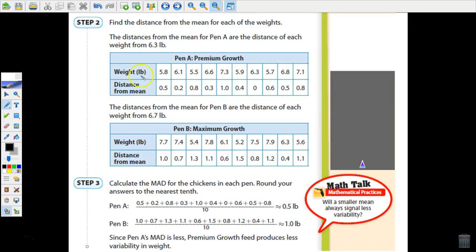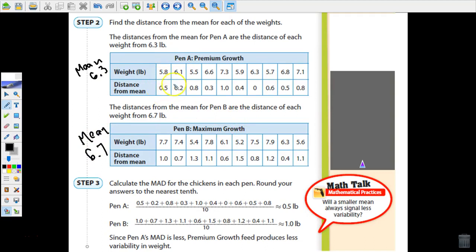So find the distance from the mean for each of the weights. So the distance from the mean, this was, we had 6.3 and mean 6.7. Okay?